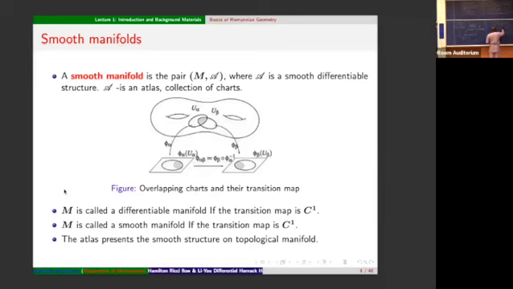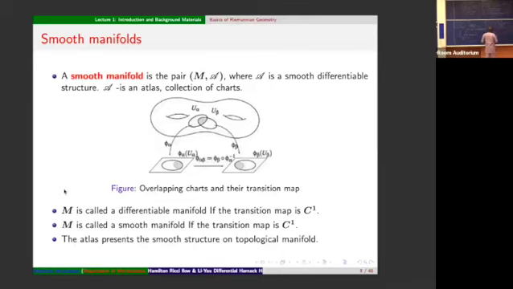This point here, let me just say P, which is in the manifold M. Then we have this point here that contains P. Let me say we have X here, maybe that's better, and Y here. This is UX. This is UY.